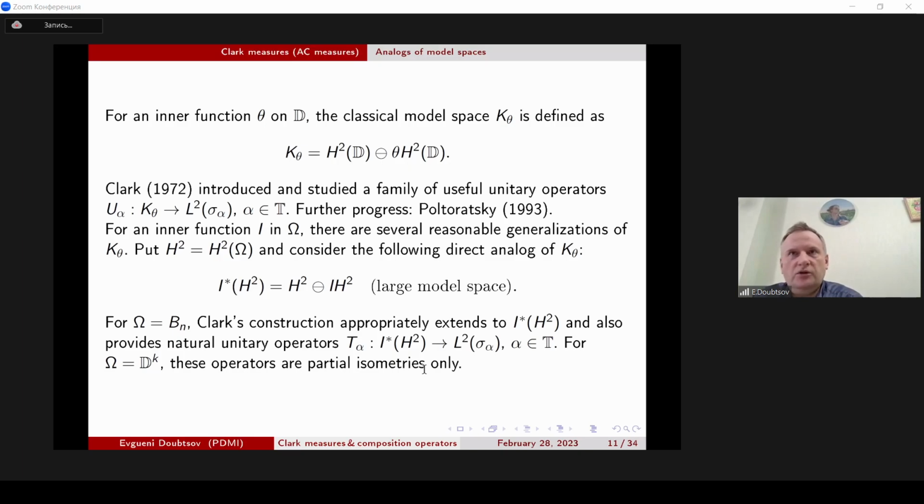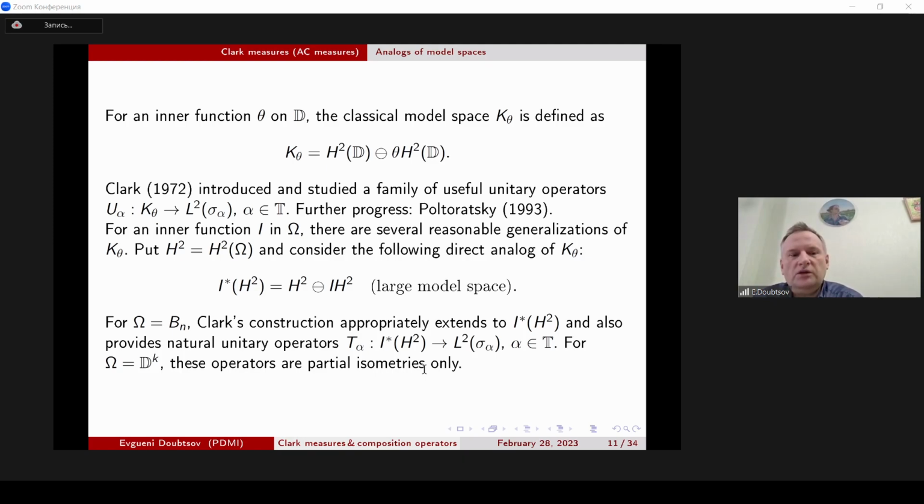It's possible to characterize when the operator obtained, T sub alpha, is indeed a unitary operator, but it is not always a unitary one, only a partial isometry.